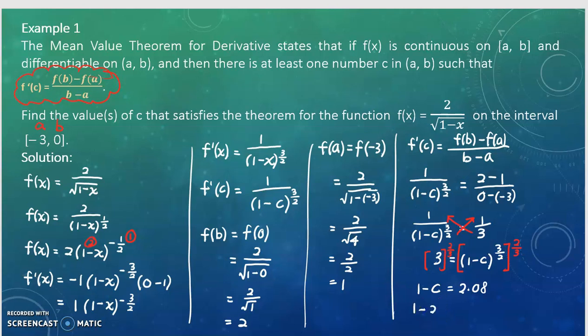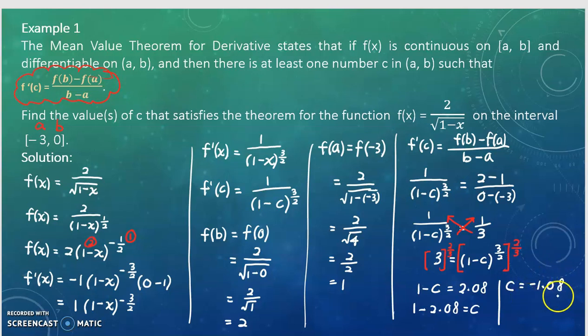So 1 minus 2.08 will be equal to c, and c is 1 minus 2.08, which is negative 1.08.